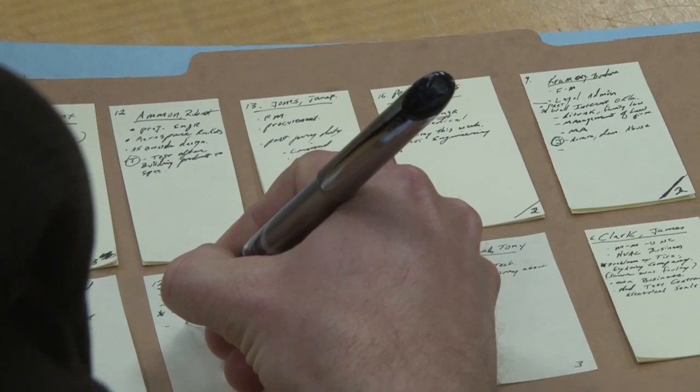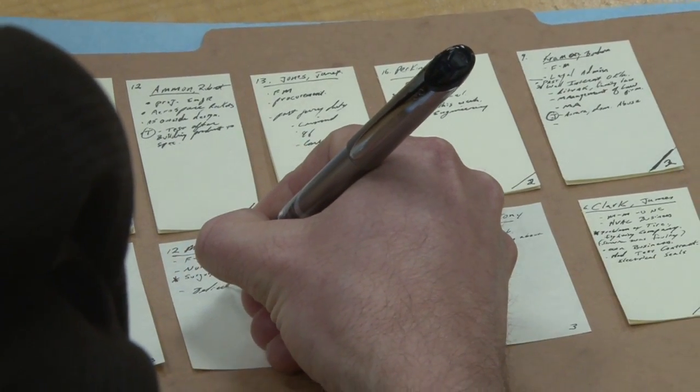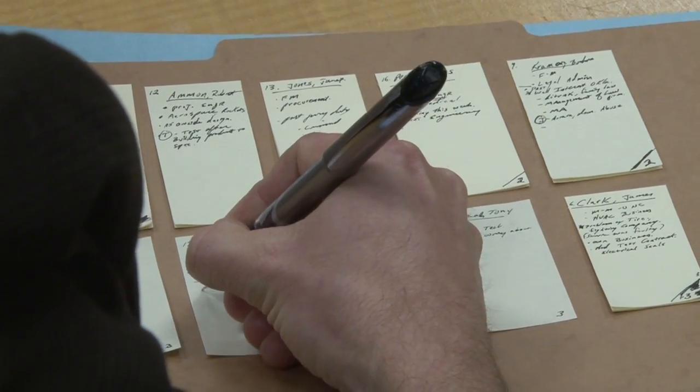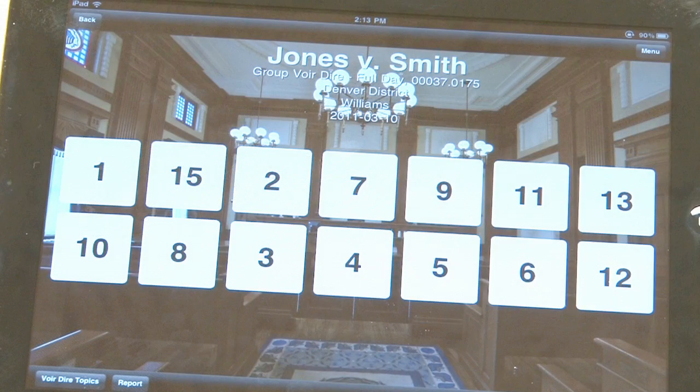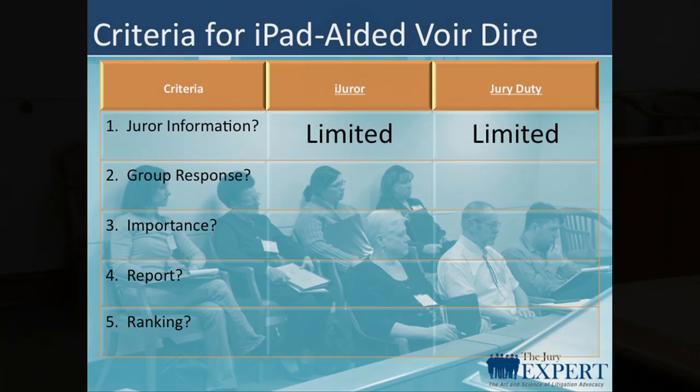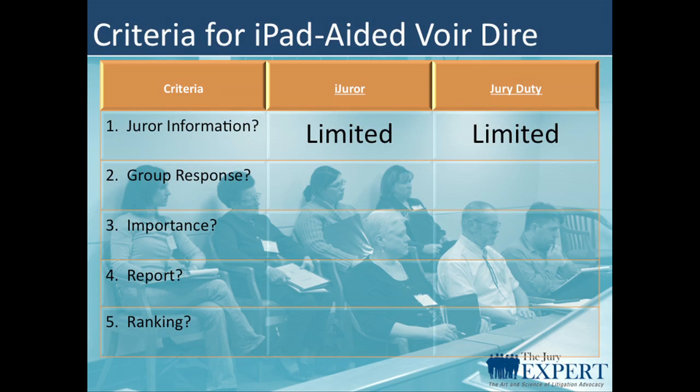The bottom line is that with tiny writing and multiple notes, the Post-it note can still do better than that. By far the most important improvement that the Jury Duty app could add would be the ability to go into the jury seating chart view, tap on a juror, and add information on the way that juror has answered the particular topics.